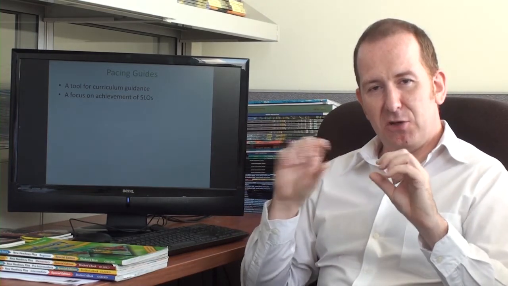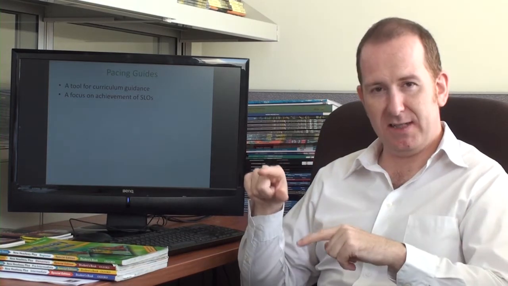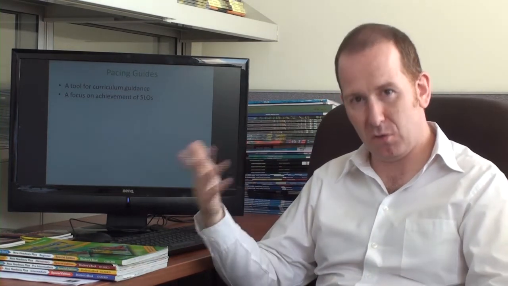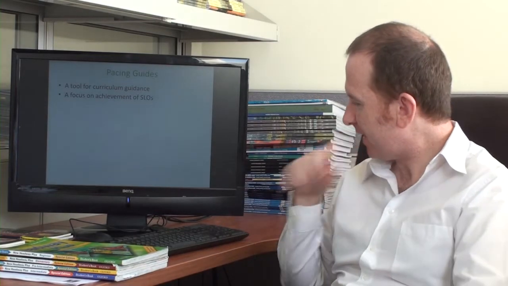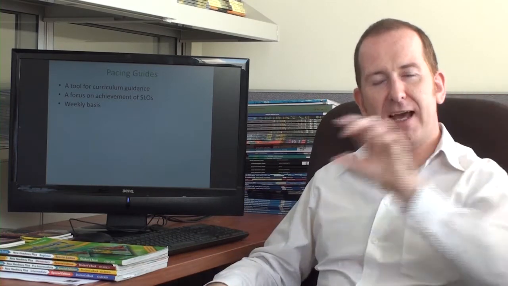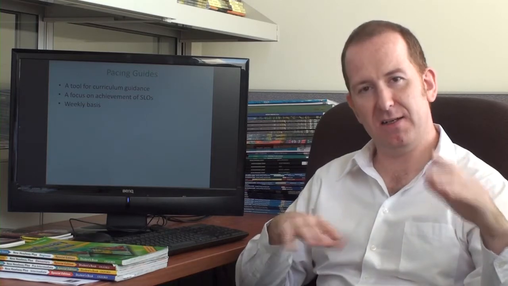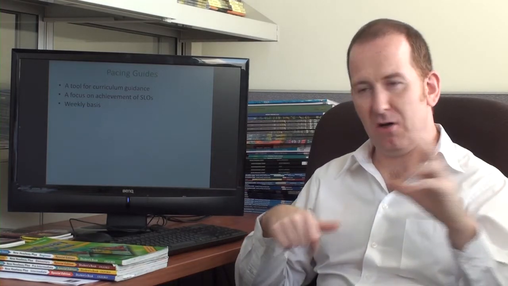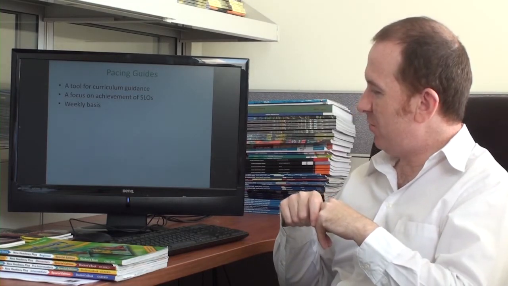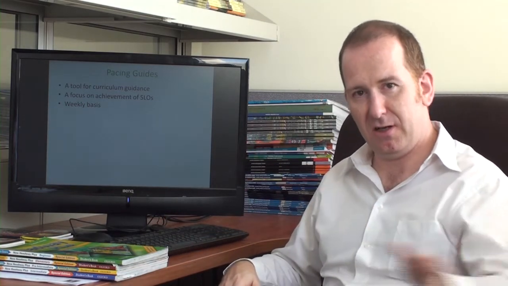All of the student learning outcomes for a level are included in the pacing guide for that level, as are the course objectives for that level. The pacing guides show which learning outcomes need to be achieved and which content needs to be covered each week of the course. So they are a roadmap, if you like, for instruction over the course of the module.